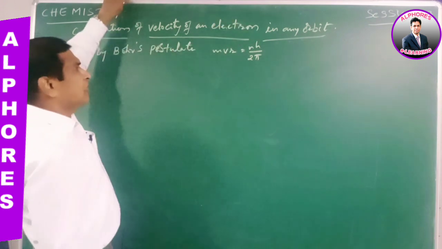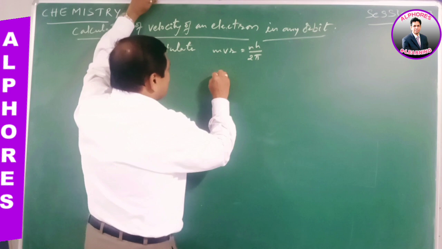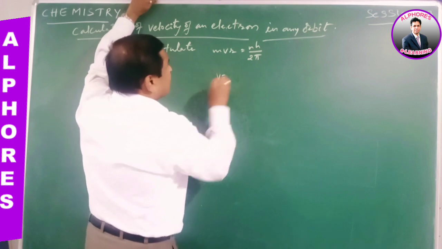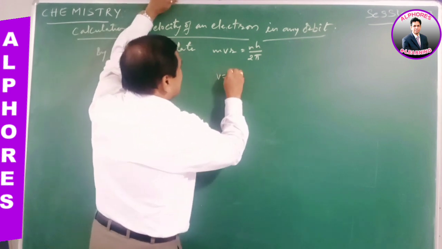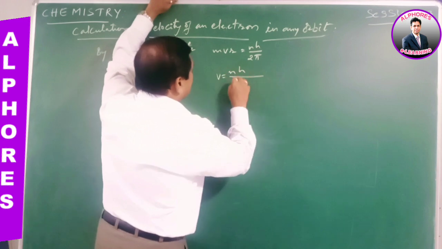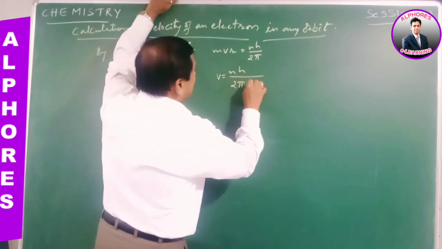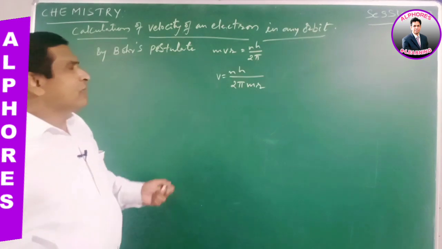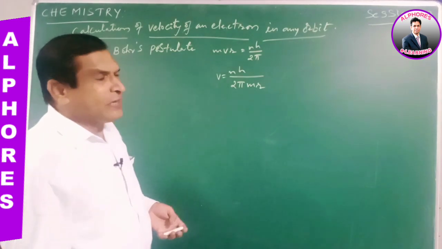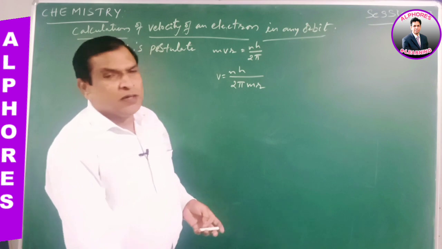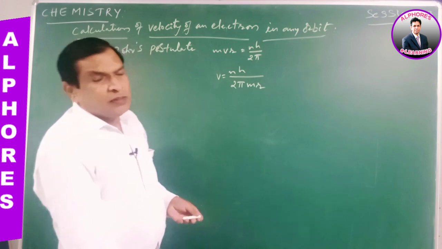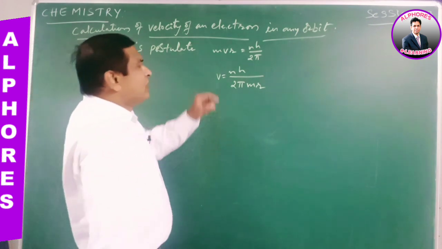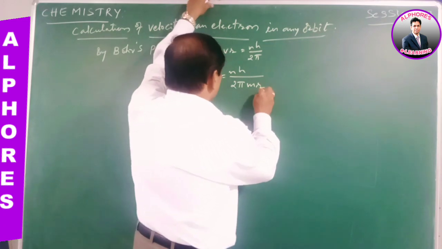So let us consider velocity v is equal to nh by 2 pi m r. That is, the velocity of the electron is equal to nh by 2 pi m r, where r is the radius of the nth orbit.